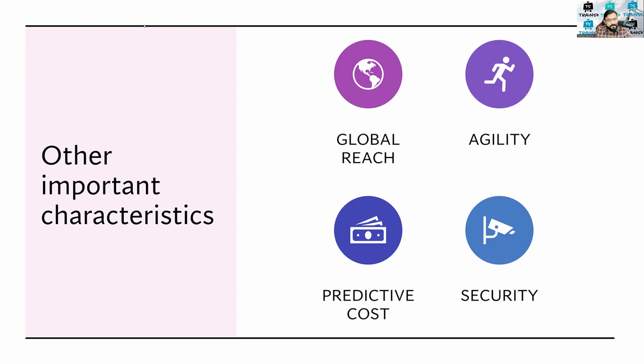And predictive cost. As an architect, you always have to be accurate about your cost calculations, right? Many cloud providers provide you ways to calculate or predict cost. If you see the example of cloud providers such as Amazon and Azure, they have their own pricing calculators.